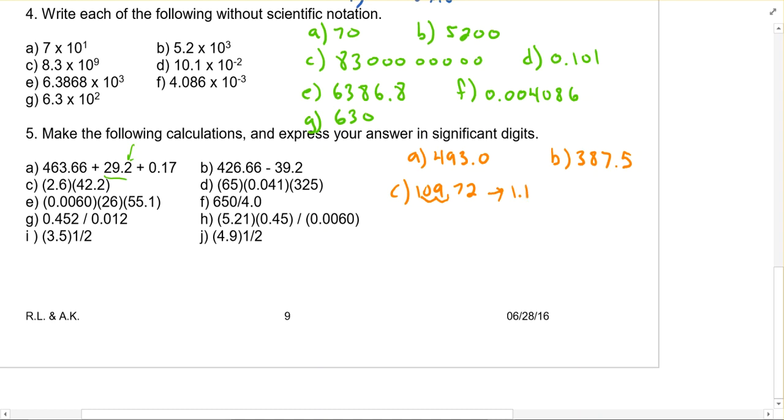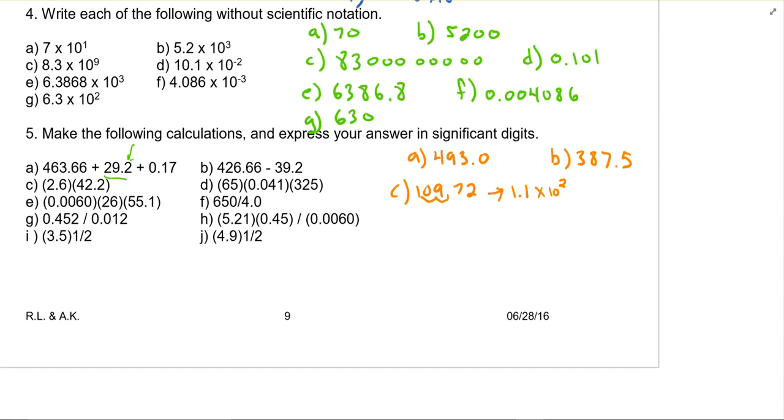That was a 0, it rounded up to a 1 because of the 9. So 1.1 times 10, and I moved the decimal place twice, so times 10 to the 2. So you can start to see why scientific notation needs to happen now. It's a good way to write it with our lowest sig digs.